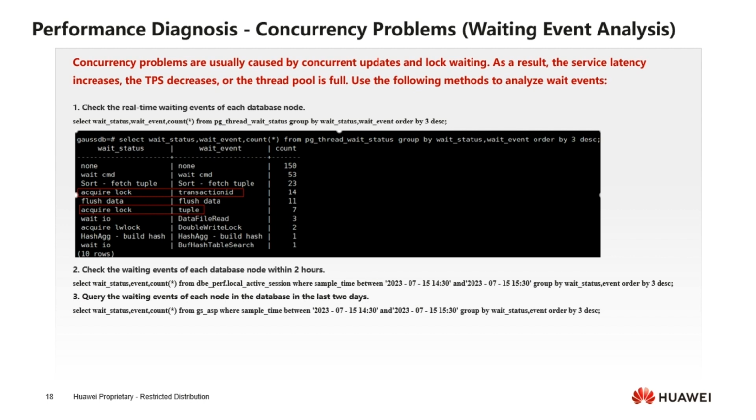Note that this is stored in memory and holds 20,000 records at maximum. V3, a view called GS_ASP, which is similar to the second one, but instead it samples once per 10 seconds and has that information persisted for 2 days by default.